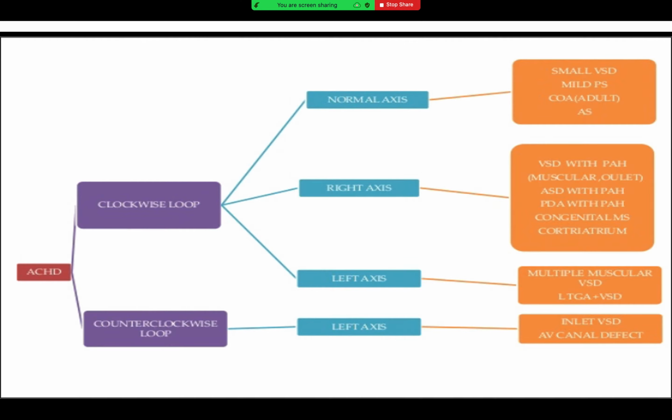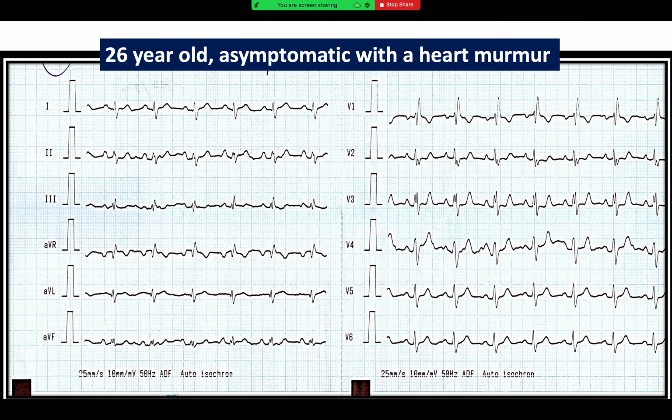Okay, time to stimulate your brain. What do you notice in this ECG? So what do you notice in this ECG?